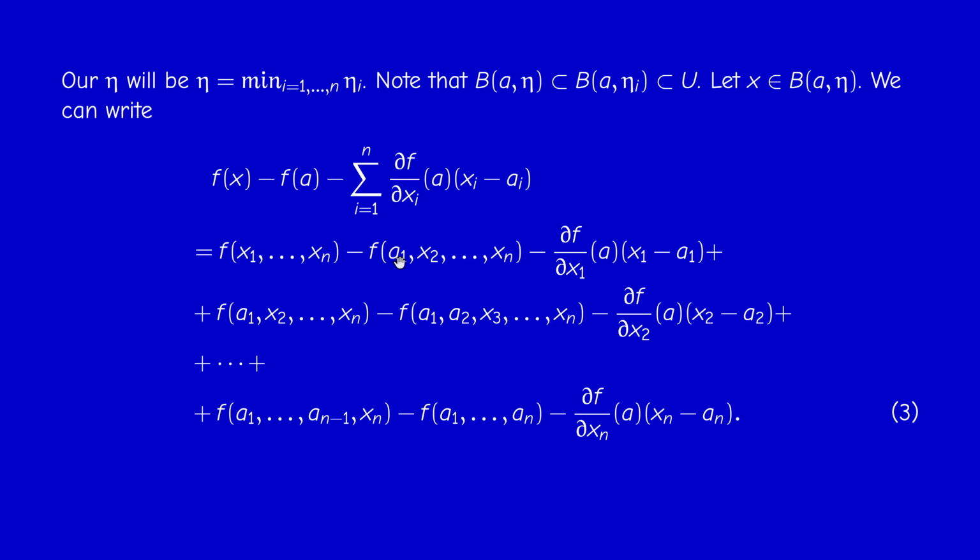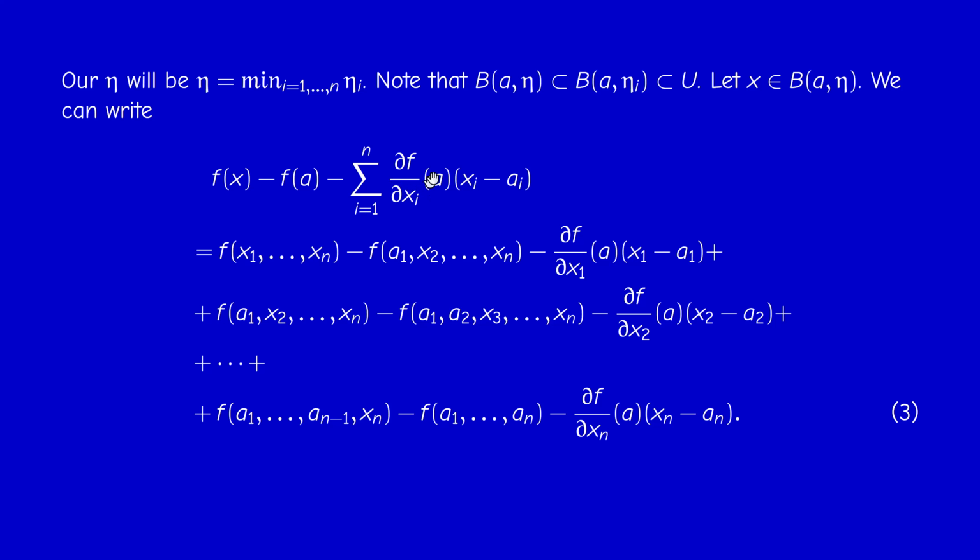It is obtained by letting the first argument equal a1 and keeping the remaining arguments x2, ..., xn. Same thing, we add and subtract another term where the first two arguments are a1 and a2, and so on. This term cancels with this term, and so on, and the one before the last cancels with this one. So we are just left with f of x minus f of a.